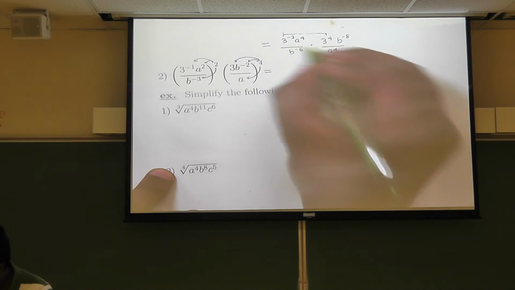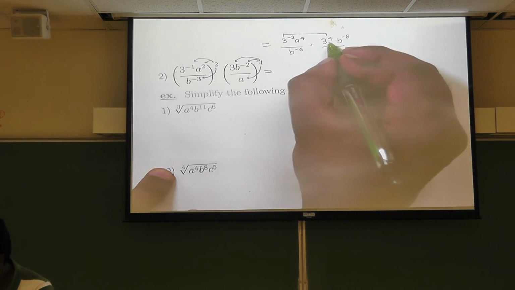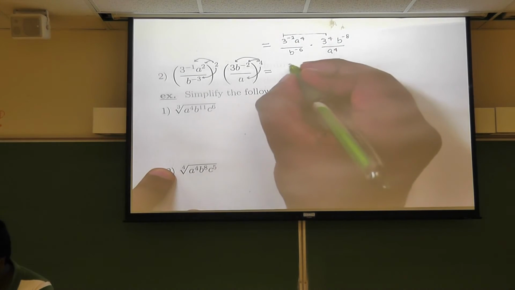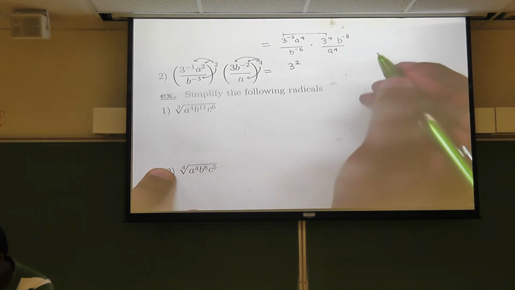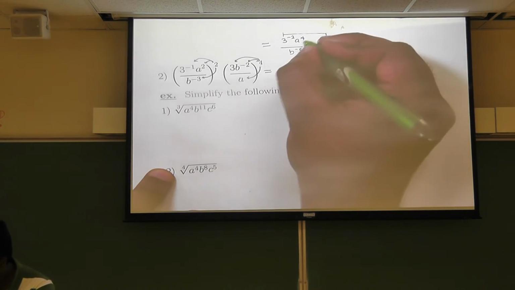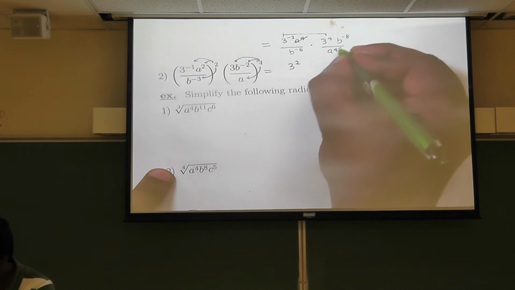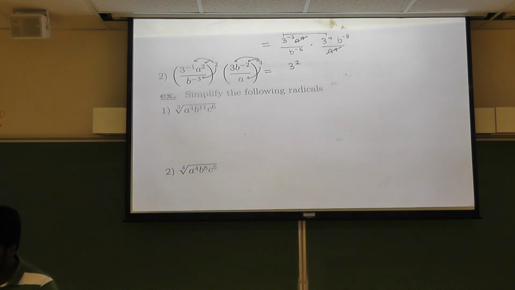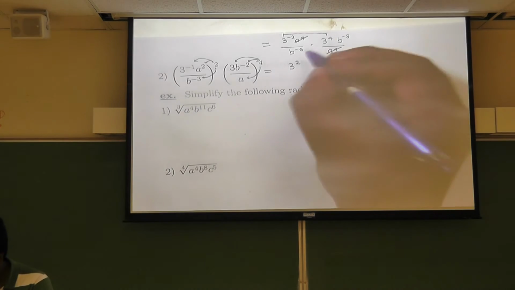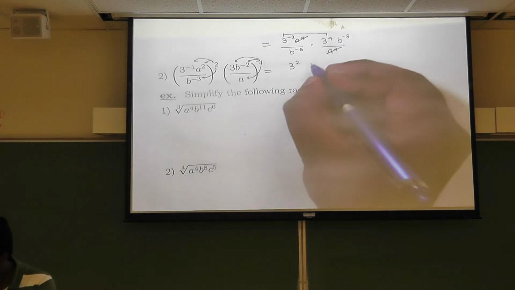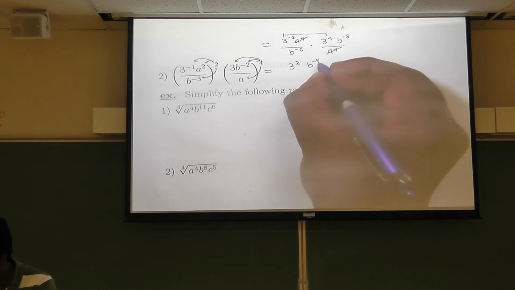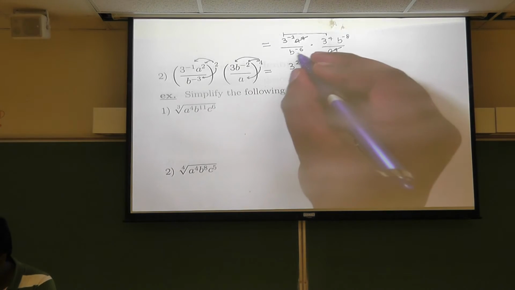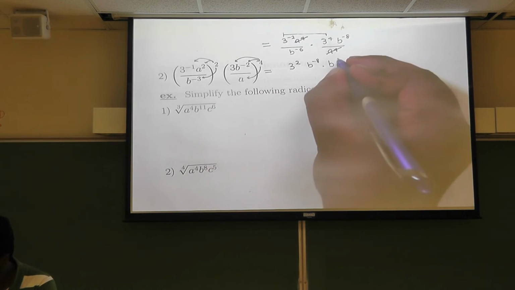So take 3 to the power negative 2 times 3 to the power 4, that would be 3 to the power plus 2. You just add the exponents. And a to the power 4 on the top cancels with a to the power 4 on the bottom. The only thing remaining is b to the power negative 8, and b to the negative 6 when it comes to the top becomes b to the plus 6.